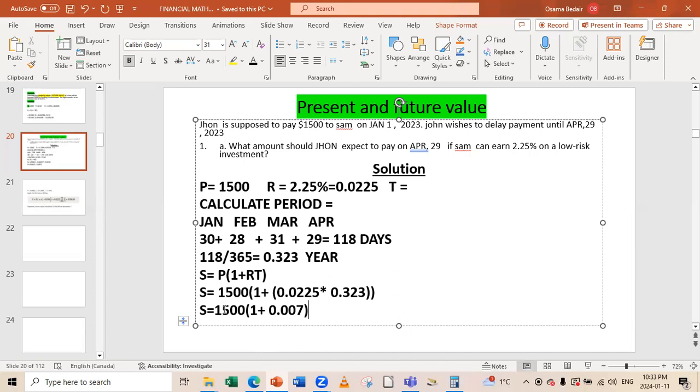So this will equal $1,500 multiplied by 1.007.